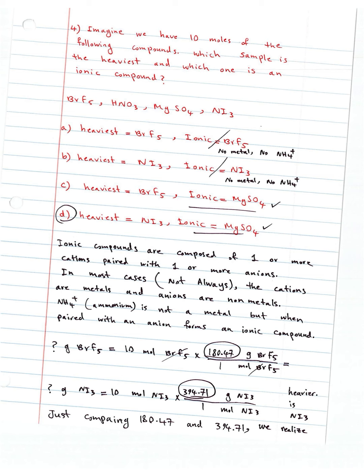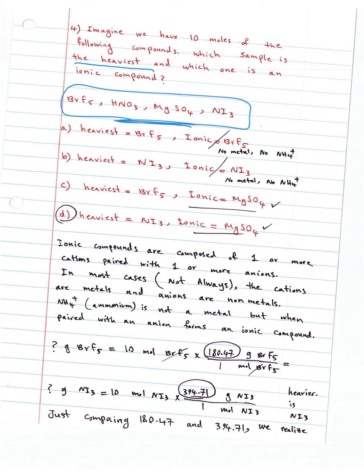And then here you want to see which one of these is heaviest and which one is an ionic compound. We talked about this. These ones don't have a metal and they don't have ammonium, so they are not ionic compounds. So one of these two is an ionic compound, and you want to see between these which one is the heaviest.